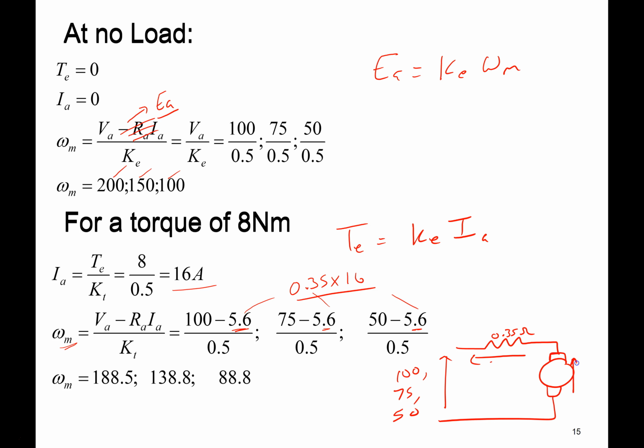I'm just finding EA here in all of these cases and then dividing by 0.5, so I get 188, 138, and 88. So if I want to draw the characteristics here, I could just go from 0 to 8, and then I have 200 to 188.5 at 8.